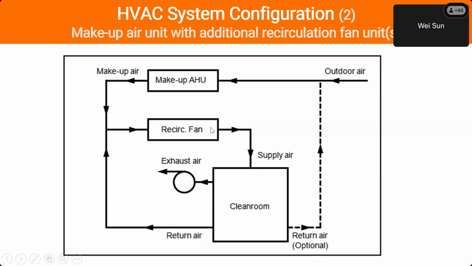So using this primary and secondary system, you can create a high air change rate and also provide a proper level of heating, cooling, and ventilation, and of course, pressurization.